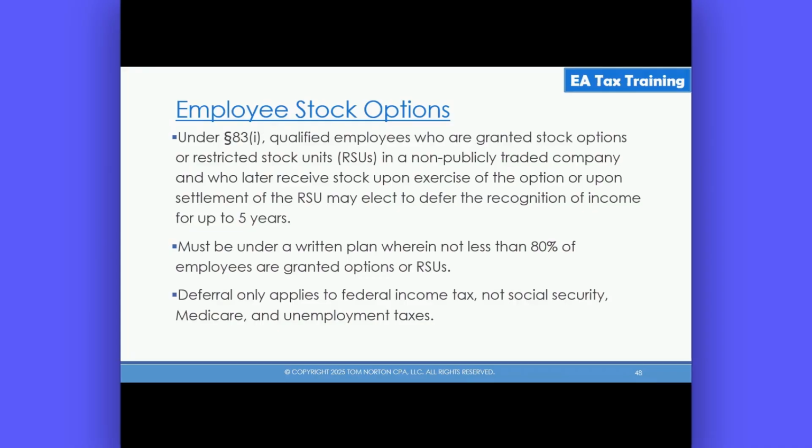So this is only a particular type of options in non-publicly traded companies. So just remember, Section 83(i), you've got 5 years that you can defer that income. It has to be a plan that includes not less than 80% of the employees. And this deferral only applies to the income tax, not to the Social Security, Medicare, and unemployment taxes.